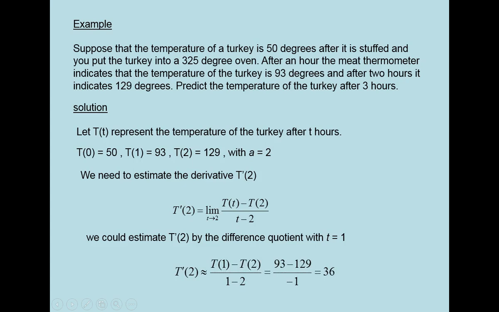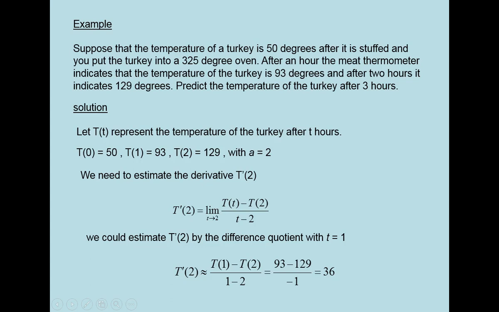So we would get 93 minus 129 all over -1, and that equals 36. So that's the estimate for the slope of the tangent line at t equals 2. Well, if we have the slope of the tangent line, we do have a point on the line at 2 hours.